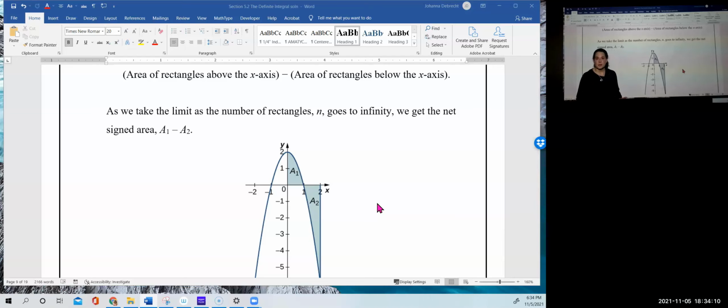It means the same thing. You're subtracting the area from below the axis from the area that's above the axis. This gives us A1 minus A2 if we consider the areas themselves to be strictly positive. And that gives us net signed area as we allow the number of rectangles to increase to infinity.